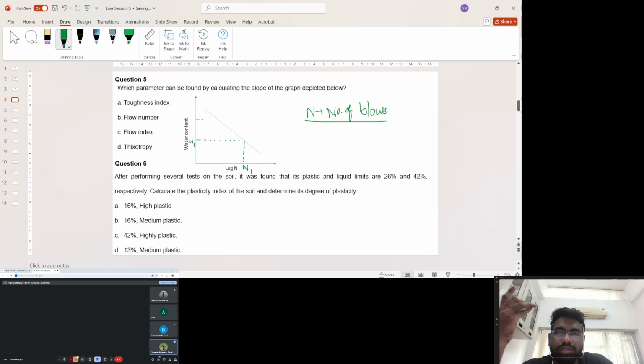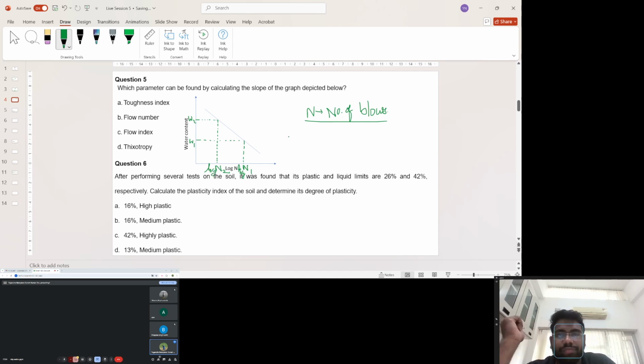Then we move like this to N2 and W2. This is how we calculate the slope. That is N2 and N1, obviously log.